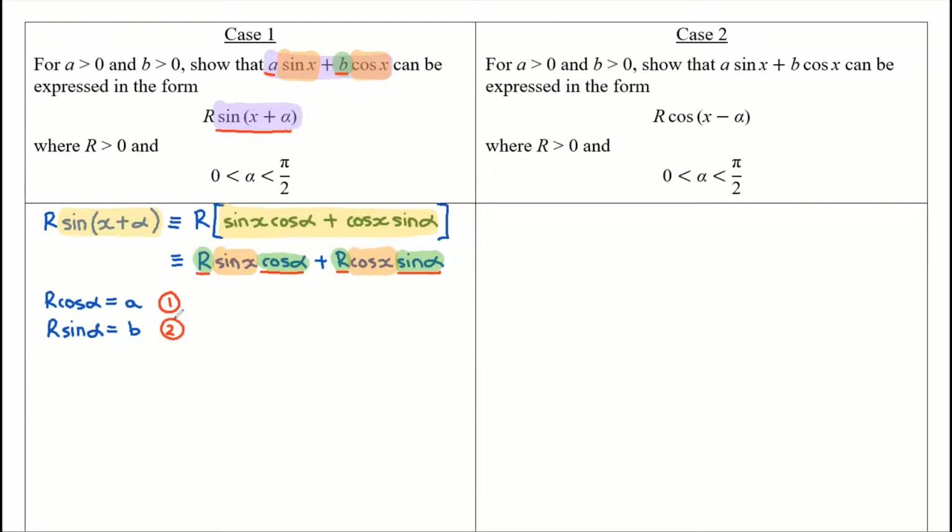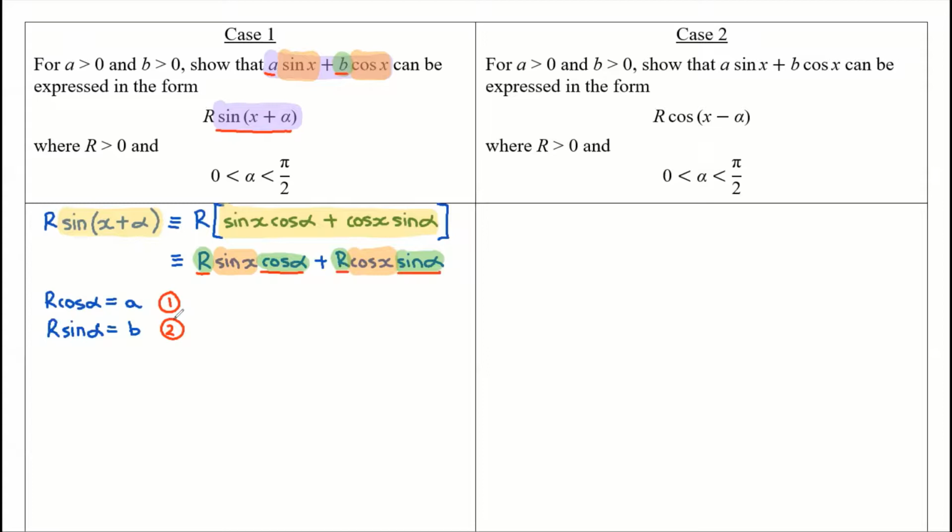What are we trying to find? Well, we want to find out what alpha is, I think, perhaps. How do we do that? We're assuming, of course, that in this situation, we know what a and b are. We're given that, and we have to express it in the r sine x plus alpha form. So how can we get alpha if we know what a and b actually are?